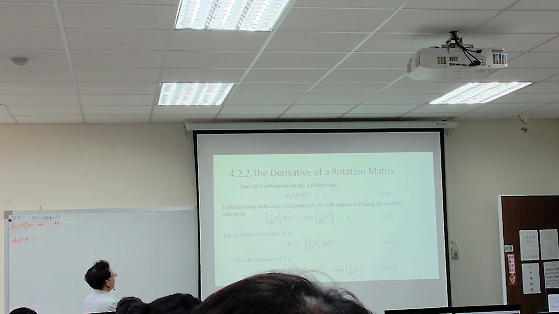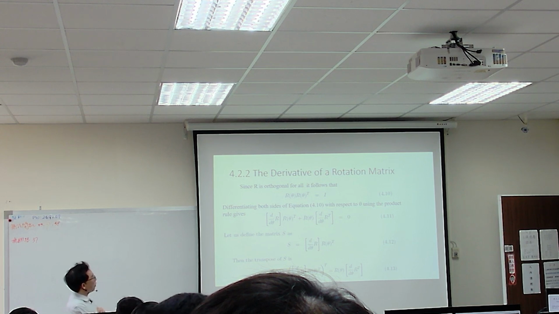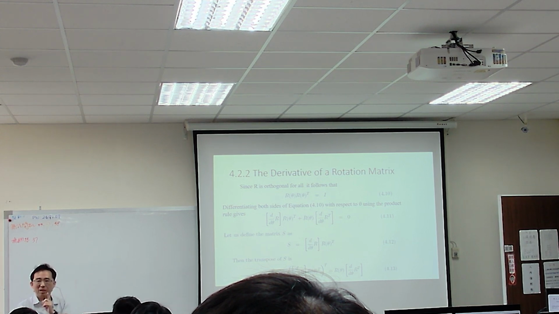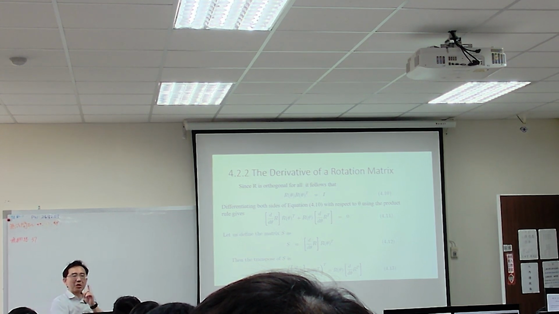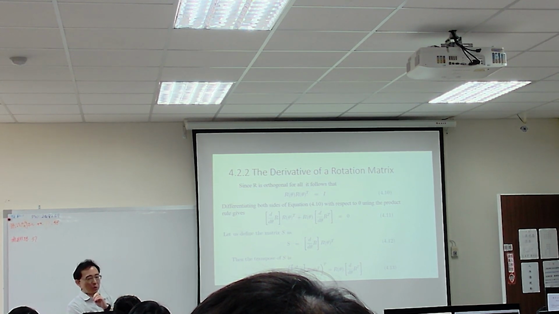Okay, so the derivation of a rotation matrix will go this way, because we already know it's orthogonal. The textbook is weird. Sometimes you call it a skew matrix, sometimes they say, oh, R is an orthogonal matrix.